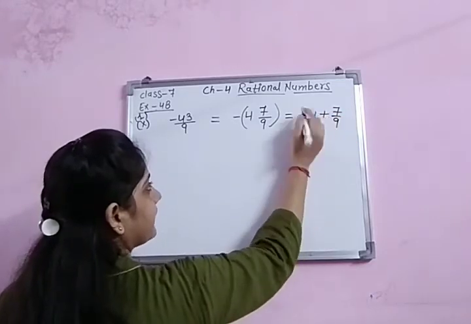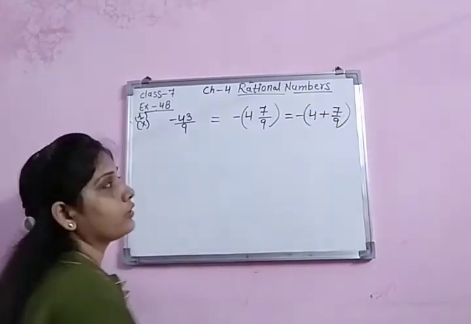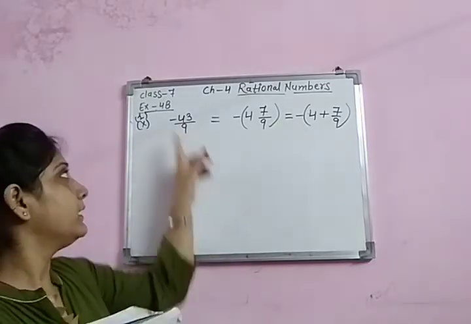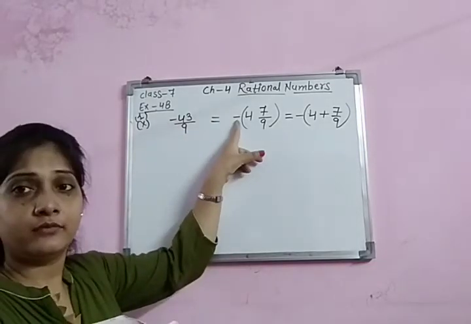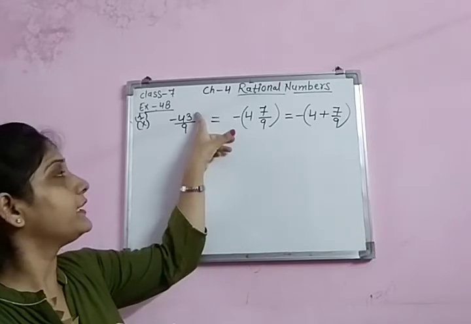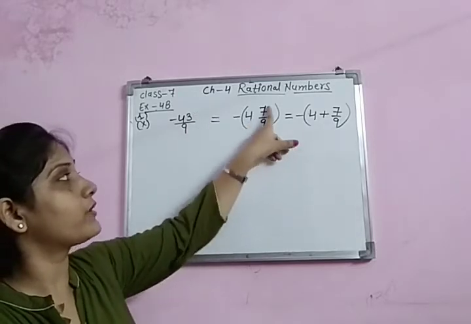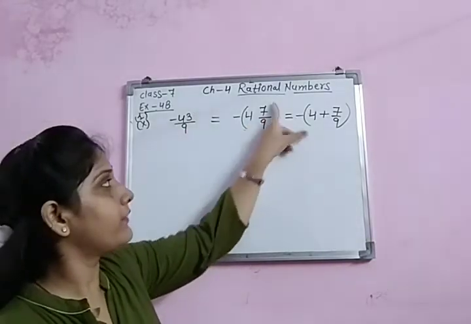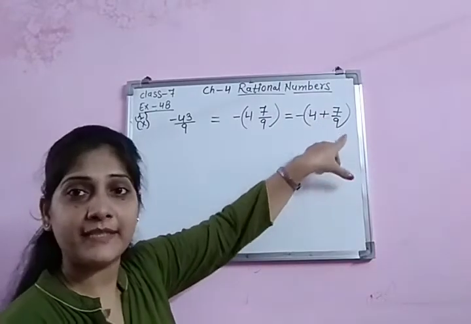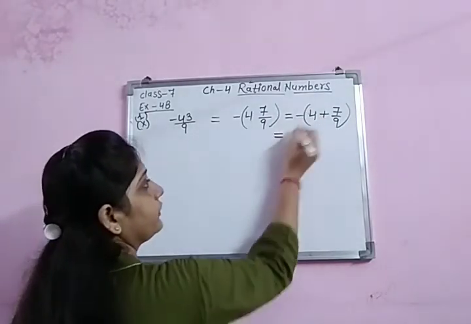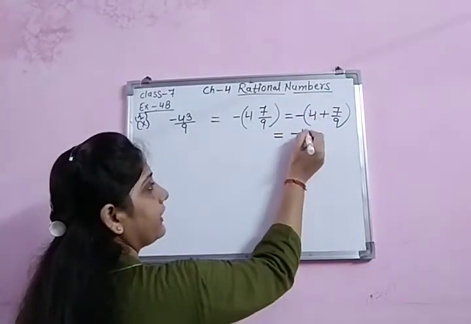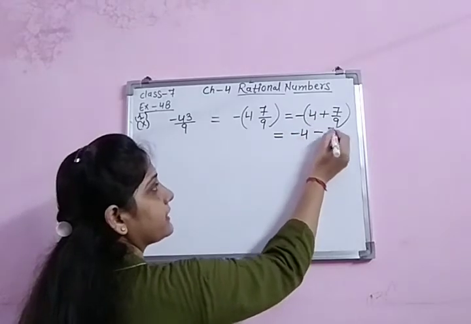Okay, let me expand this. Look, what we have done, negative is common. So when we convert it into mixed, it will give me negative 4 and 7 by 9. Now 4 and 7 by 9 can be written as 4 plus 7 by 9. Now solve it further, this negative is for both. So I can write negative 4 minus 7 by 9.